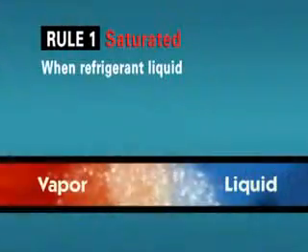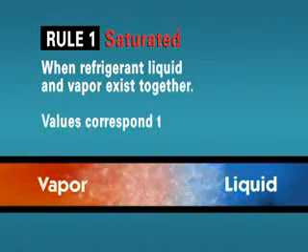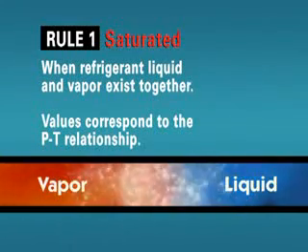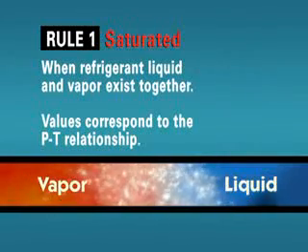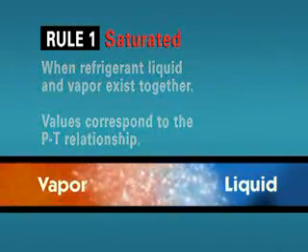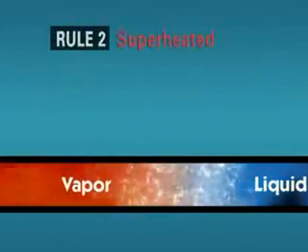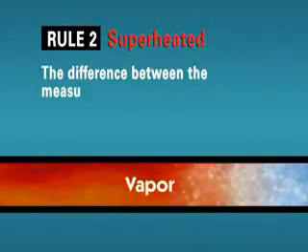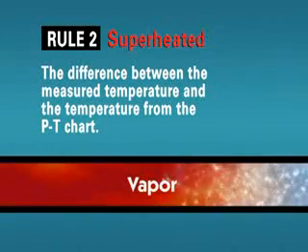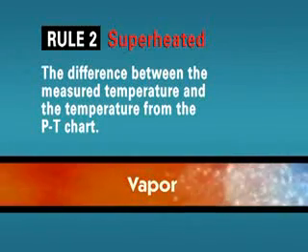There are 3 basic rules for determining the refrigerant condition in an operating system. Rule 1. When we have refrigerant liquid and vapor existing together, we have saturated refrigerant, and the pressure and temperature will correspond to our PT card. Rule 2. If our measured temperature is above the saturated temperature indicated on our PT card, we must have superheated vapor.